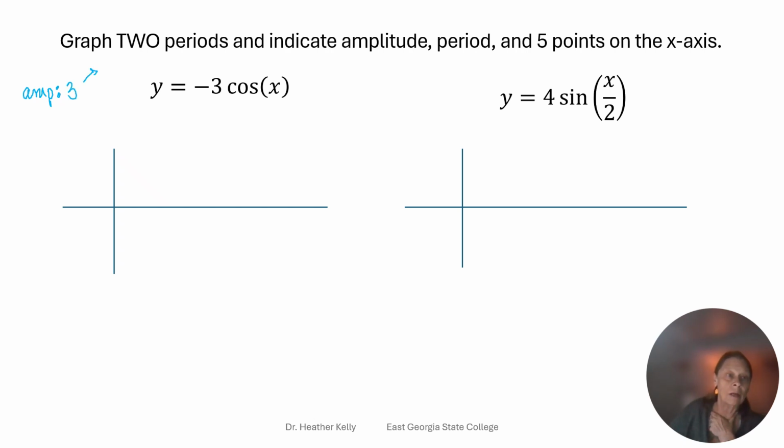That means that our range is going to go from -3 to +3. We also can make note that we have a negative here, so we're going to have to flip our graph over. I'm sorry that this is the first one that I'm doing, but I didn't pay attention to that when I put this together. So nothing else here. And then finally we need to find our period.